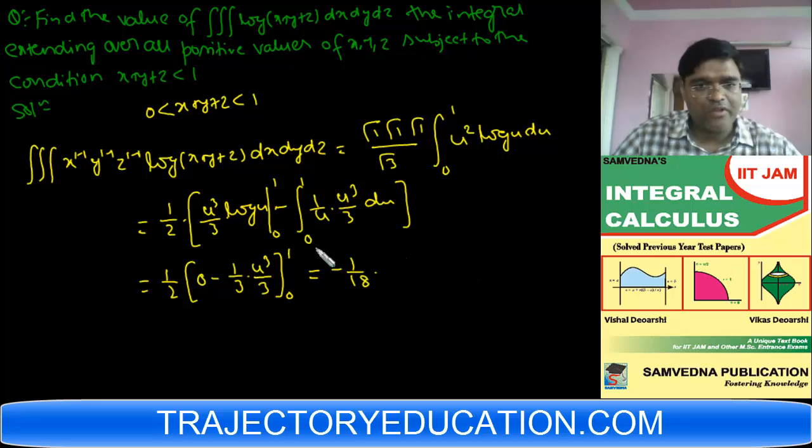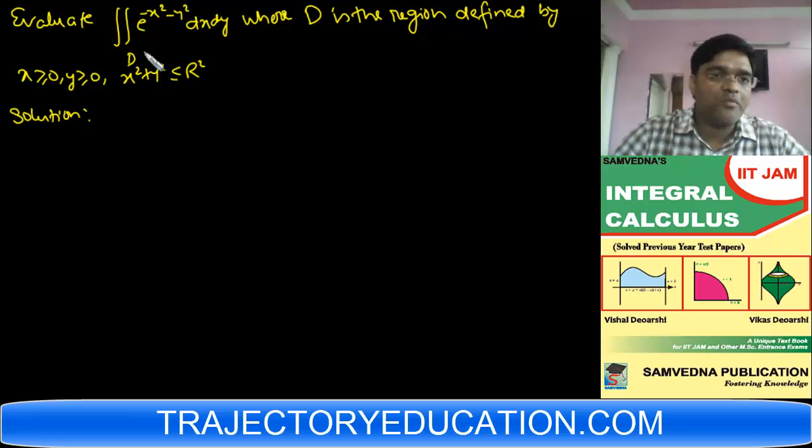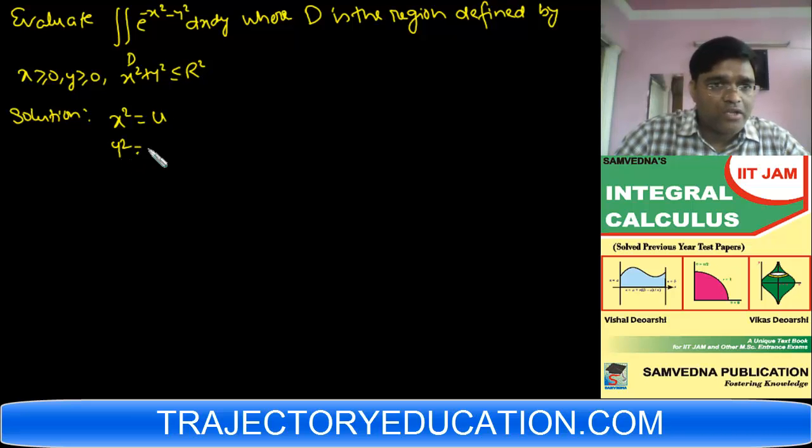Now let us discuss another question. We have to evaluate the integral of e to the power minus x square minus y square dx dy, where D is the region bounded by the circle in the positive quadrant. Before doing this, we have to convert it into the form where we can use Liouville's extension. So it has to be a function of x plus y. For that we have to put a transformation. Let x square equal u and y square equal v.